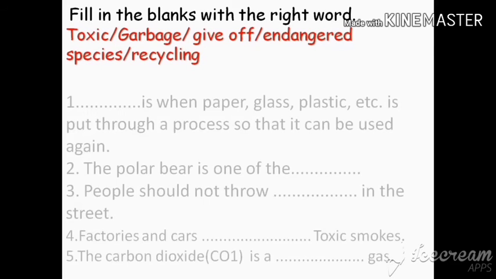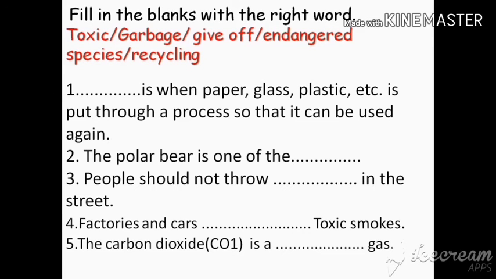So here you are supposed to fill in the blanks with the right word from the list. You have toxic, garbage, give off, endangered species, and recycling. So let's read the following sentences. Number 1 is when paper, glass, plastic, etc. is put through a process so that it can be used again.